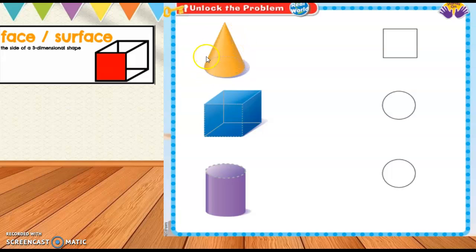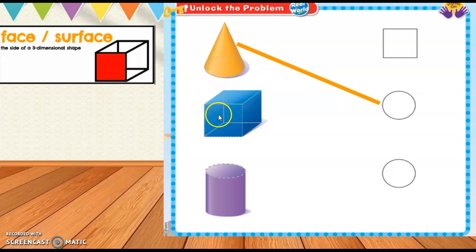The circle at the bottom is allowing the cone to sit up. It's sitting on its flat surface. Now, the shape that I know is a component of the cone is a circle, because the circle is the flat surface on a cone, or the face of a cone.